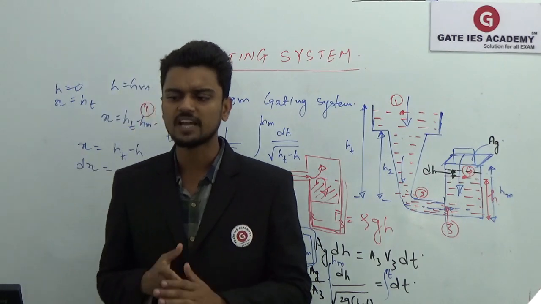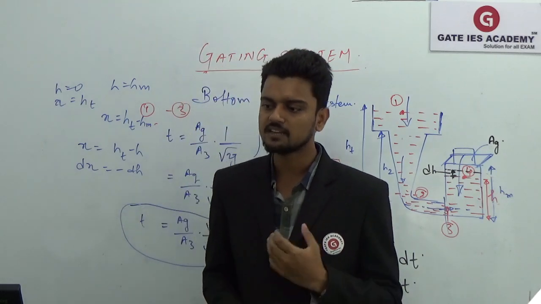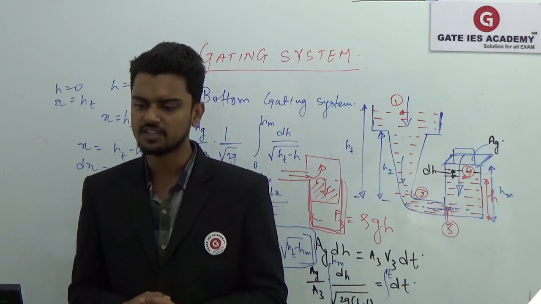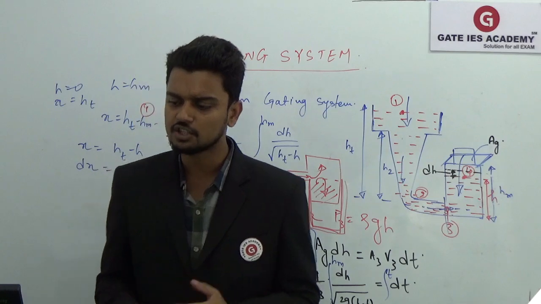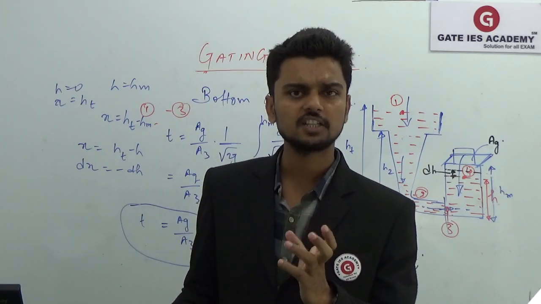So the first one is the pressurized gating system. What happens in a pressurized gating system? The first point is that the total cross-sectional area decreases towards the mold cavity.